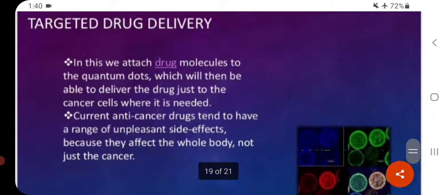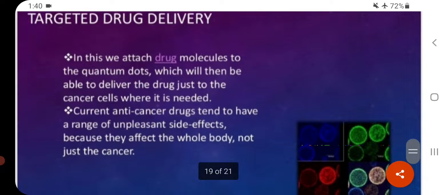Second, targeted drug delivery. In this, we attach drug molecules to the quantum dots, which will then be able to deliver the drug just to the cancer cells where it is needed. Current anti-cancer drugs tend to have a range of unpleasant side effects because they affect the whole body, not just the cancer.